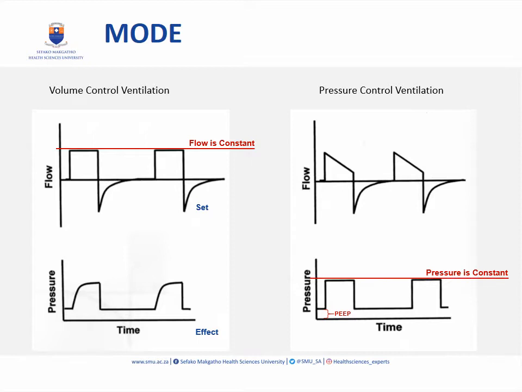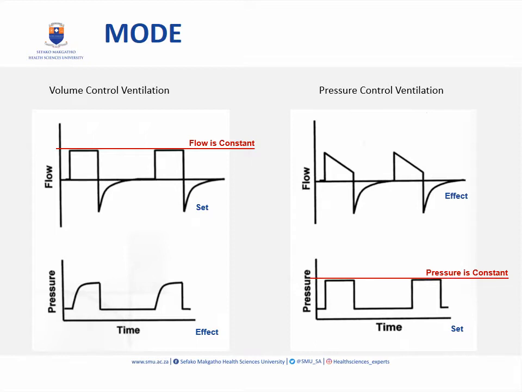And just to remind ourselves, we said that with pressure control, we set the pressure and the flow shows the effect. Okay, so it stands to reason that if we increase our pressures, we are going to increase the flow and therefore the tidal volume. And if we decrease the pressure, the tidal volume will also be decreased.